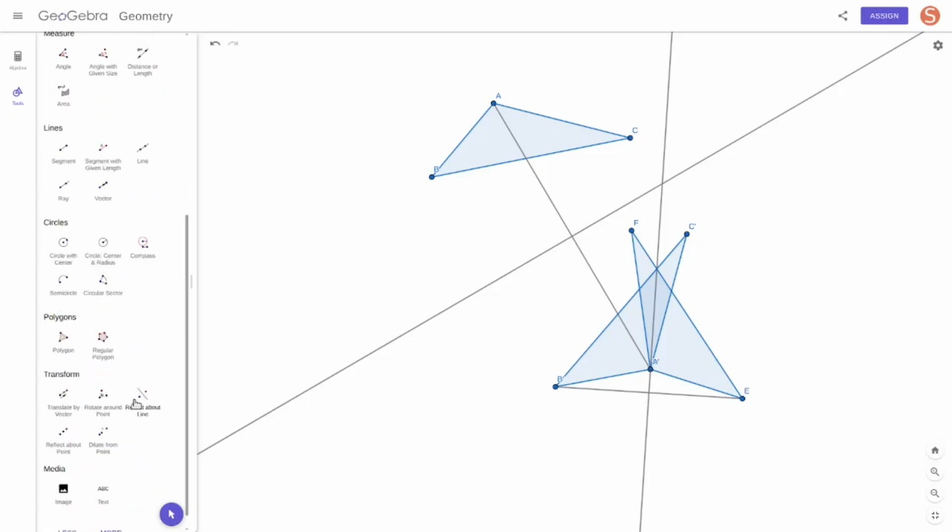Okay, so I'm going to reflect my triangle A prime, B prime, C prime about the perpendicular bisector I just constructed, and boom, I have now landed directly on top of the triangle DEF. So in this example, we used 2 reflections in order to send my original triangle ABC onto DEF, right? So that illustrates the proof in this case where we had 2 reflections necessary.